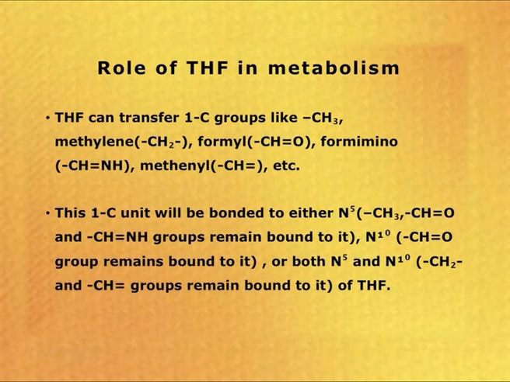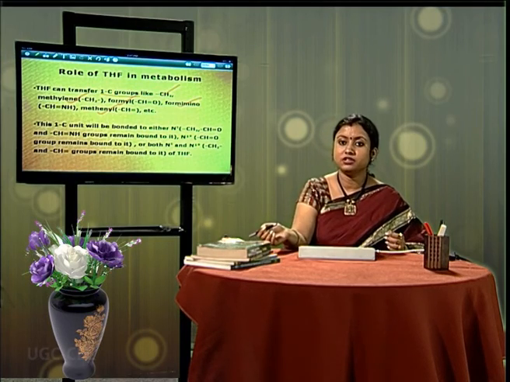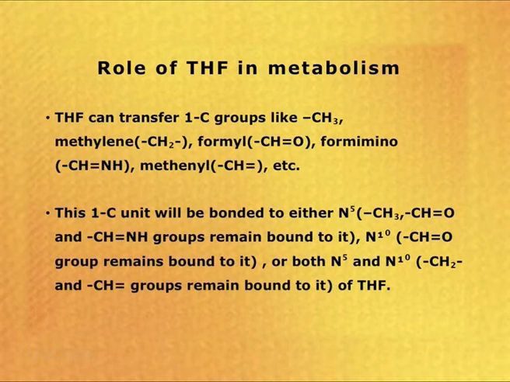Let us discuss the role of THF in metabolism. It transfers 1 carbon groups like methyl, methylene, formyl, formimino, methinyl, etc. This 1 carbon unit can be bonded to either N5, N10 or both N5 and N10 of tetrahydrofolate.